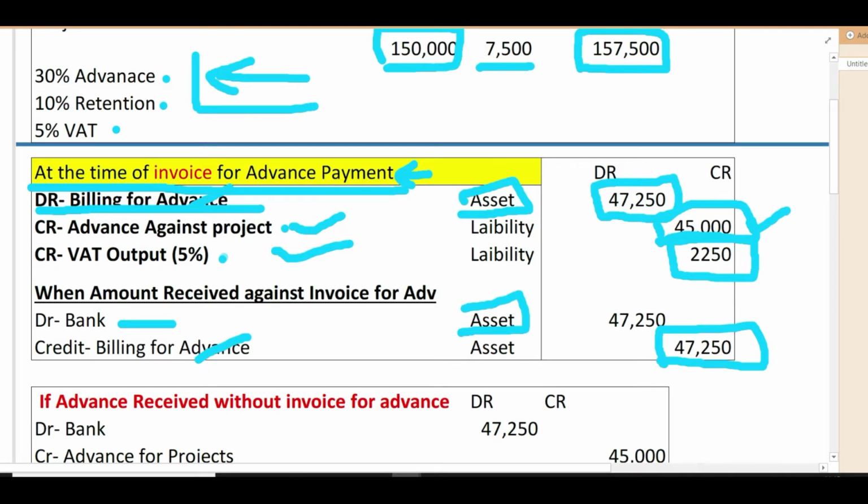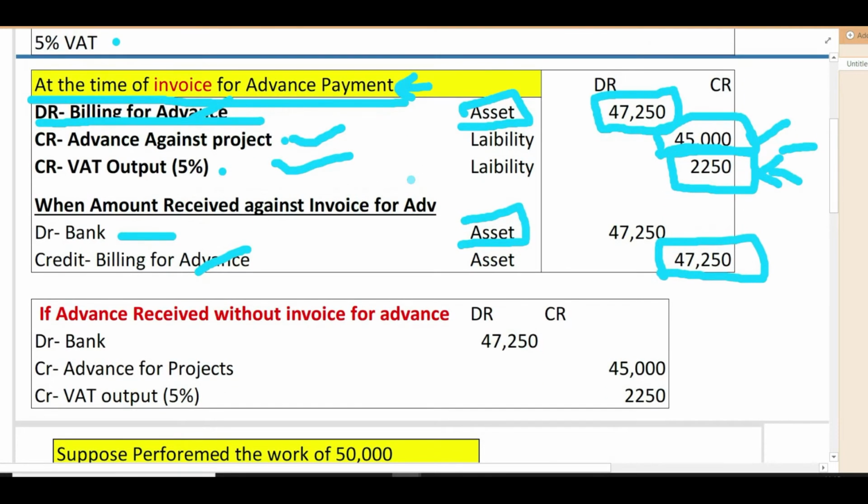Now you have the asset debit and liability credit. The 2,250 will go to your VAT, and this 45,000 will be adjusted from your progressive invoices at the same percentage of 30%. We will see later on. So this was the scenario once you invoice for advance payment and then receive the amount against that advance payment.